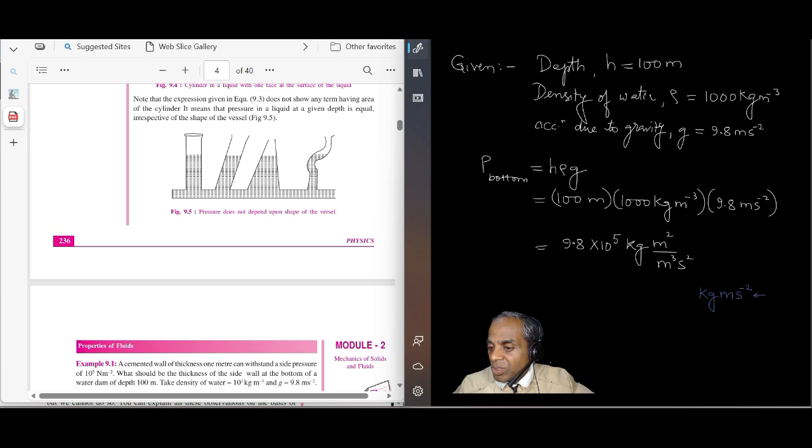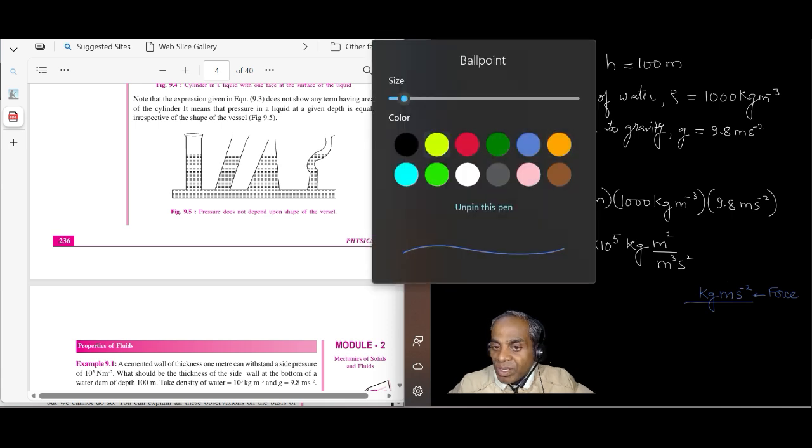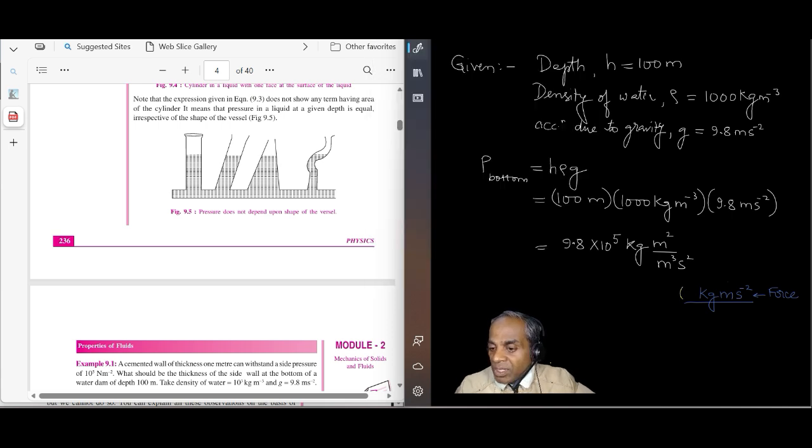This is the unit of force, we know that, right? So if I do this, 1 m is remaining on the numerator side, and in the denominator you have meter cube remaining.